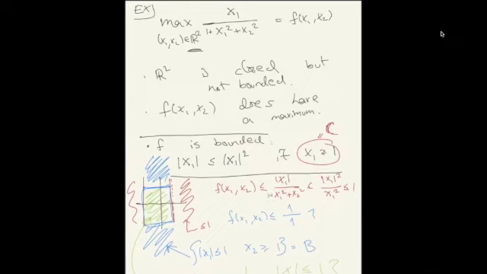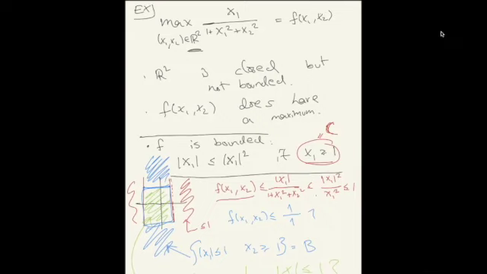So one case that makes sense is when x1 is very big, or bigger than 1. If x1 is bigger than or equal to 1, then the function is bounded by the absolute value of x1 divided by the denominator. Now, because x1 is bigger than or equal to 1, we can estimate the absolute value by the square from above.